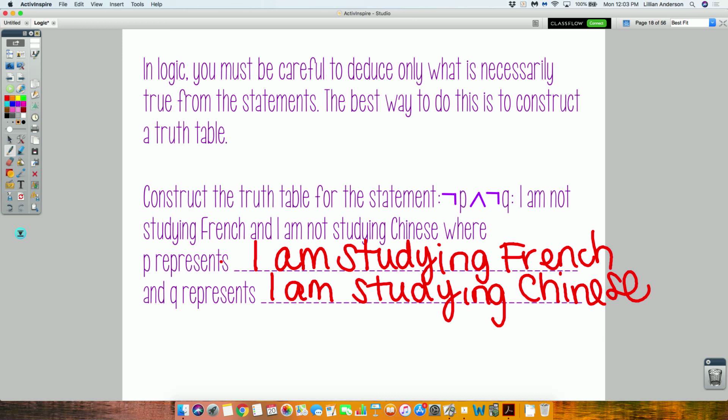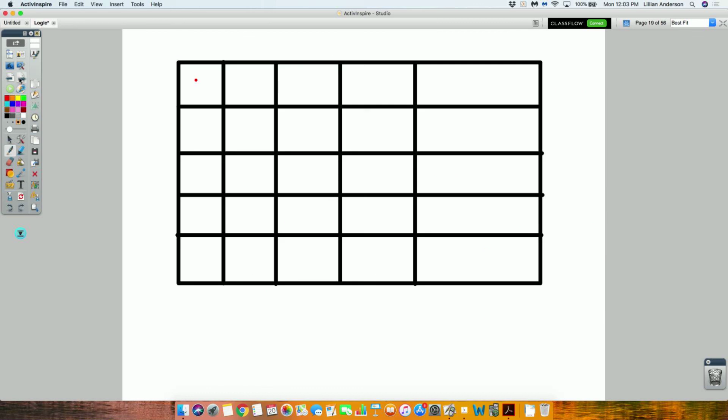So now we're going to form the truth table for this compound sentence right here, which basically says I am not studying French and I am not studying Chinese. We're going to need a couple of things within our truth table. We're going to need P's truth value, of course. We're going to need Q's truth value, of course. All right? Now, if you think about that compound statement, what else are we going to need?